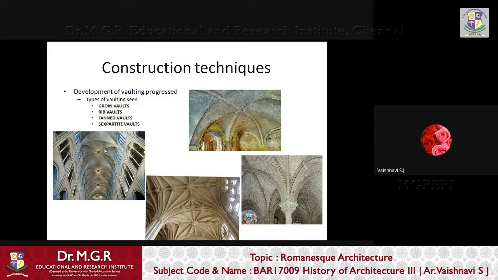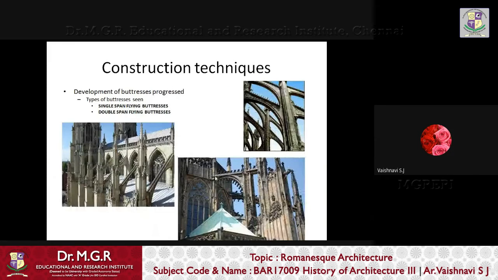You can also see that there are different kinds of vaults here, and this is called a sexpartite vault. So the vault has actually been separated into 6 parts. That's why it's called sexpartite. And then they had the flying buttresses, which had a single span and a double span. So this is called a single span flying buttress.